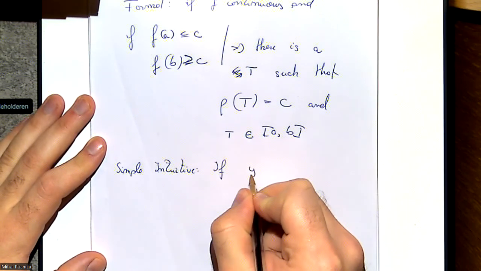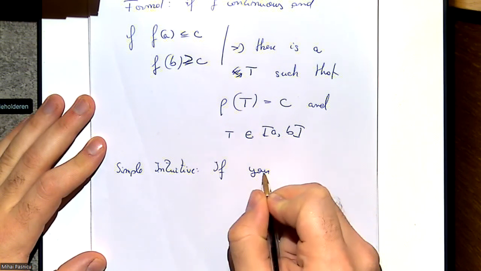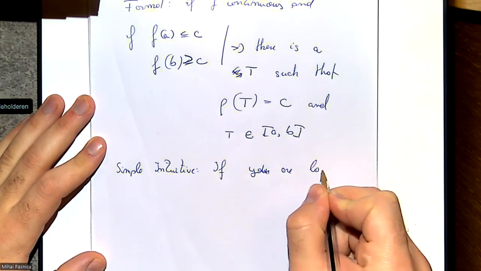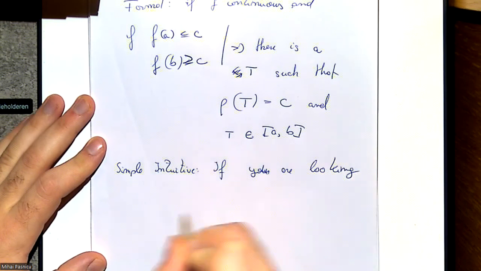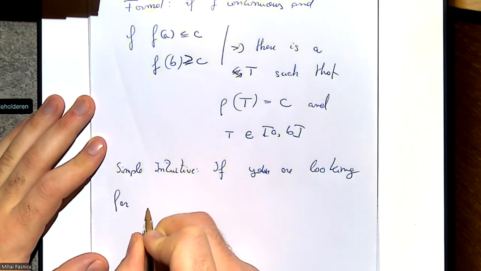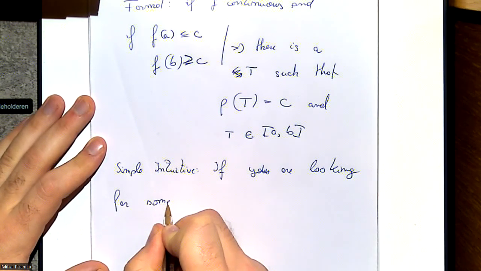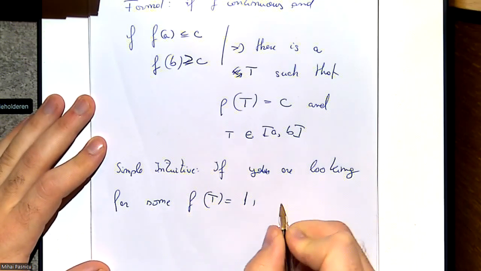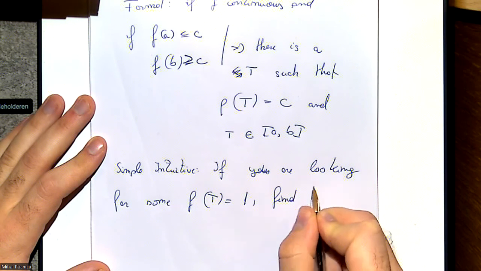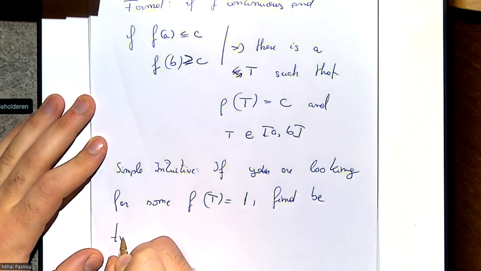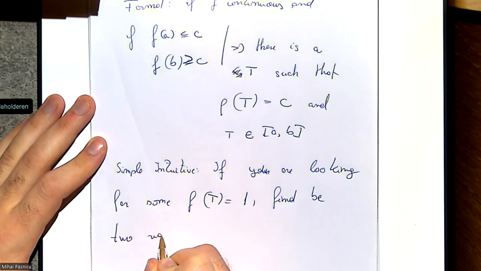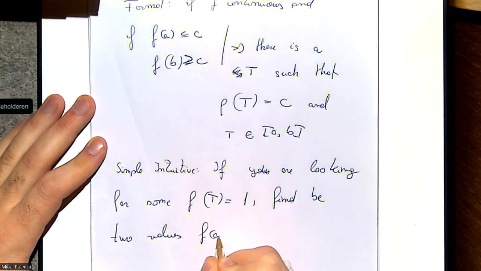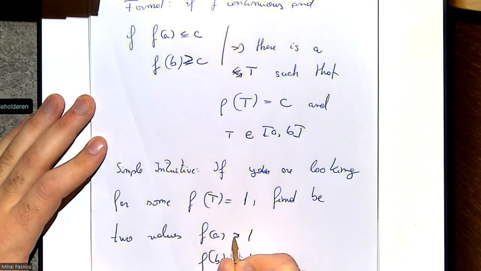If you are looking for some f of t equal to 1, find me two values, f of a greater than 1, f of b smaller than 1.